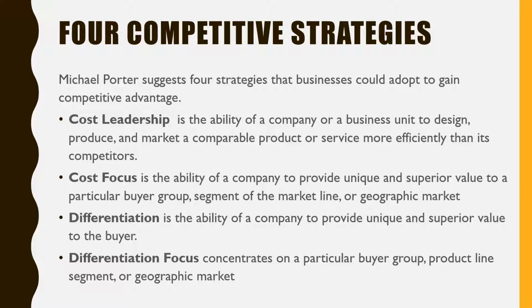Cost focus is the ability of a company to provide unique and superior value to a particular buyer group, segment of the market line, or geographic market. Differentiation is the ability of a company to provide unique and superior value to the buyer. Differentiation focus concentrates on a particular buyer group, product line, segment, or geographic market.